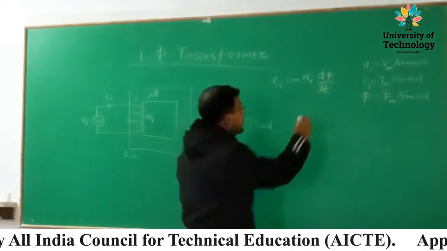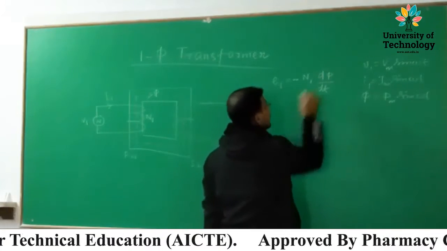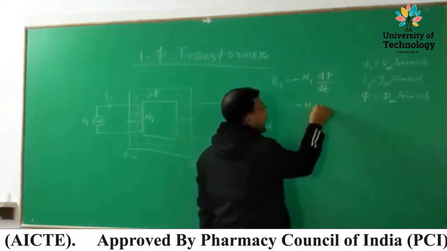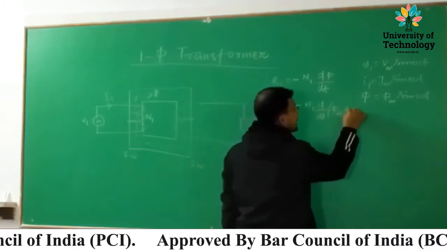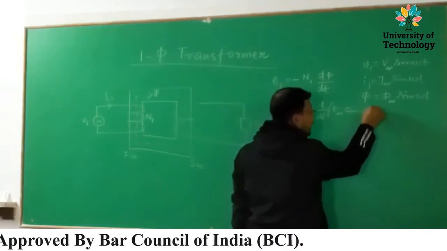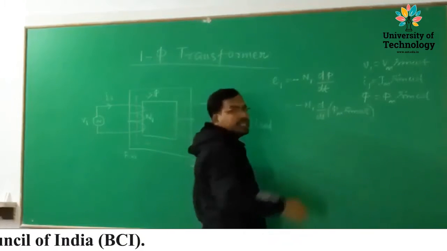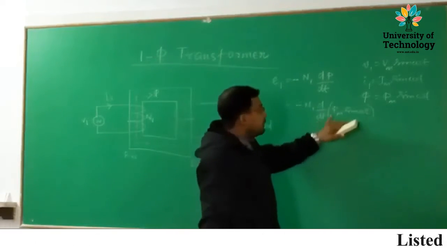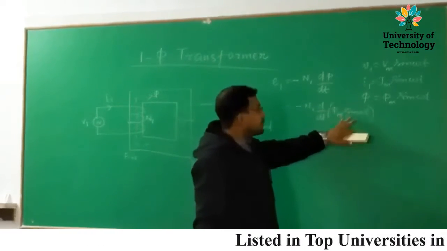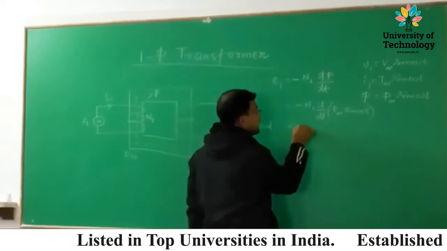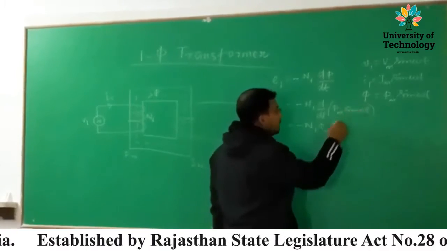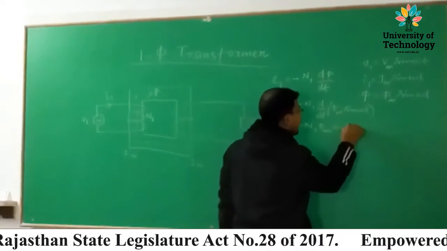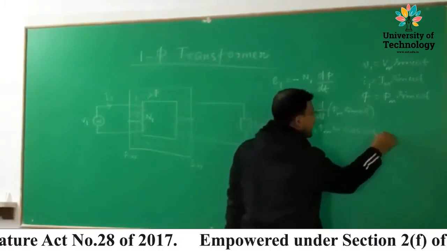Now when this flux changes with respect to time, if we substitute the flux value here, we get minus N1 d by dt of phi m sin omega t. If we differentiate this term with respect to t, phi m being a constant quantity, we take it outside the differentiation. That is N1 phi m times d by dt of sin omega t, which is omega cos omega t.